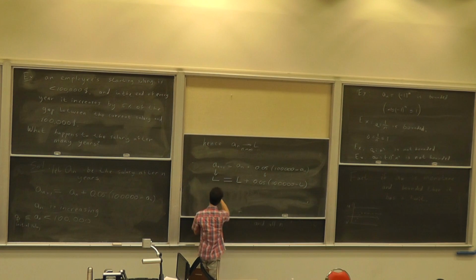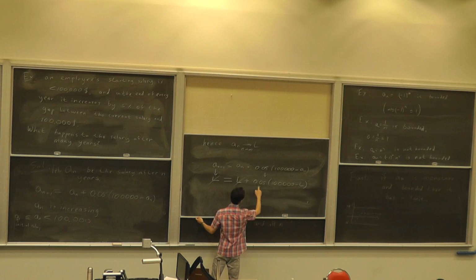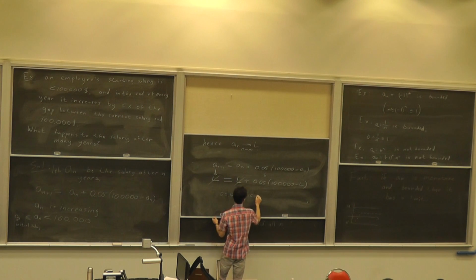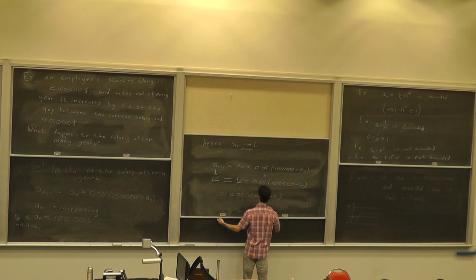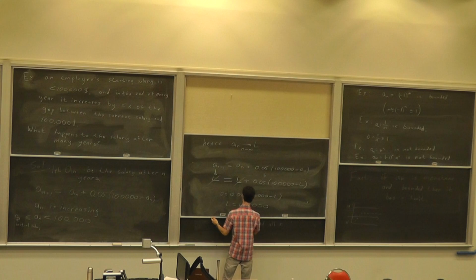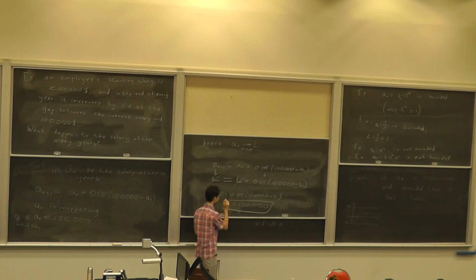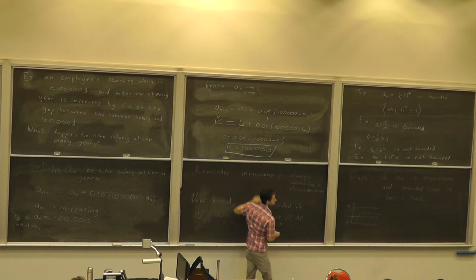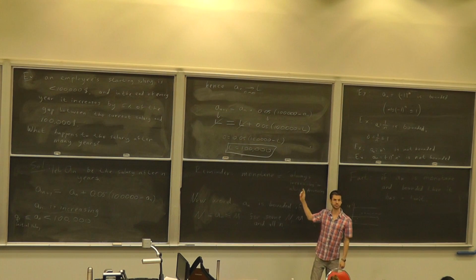And now we have an equation which must be satisfied by this limit L. It's easy to solve. So L is cancelled out. And we get 0 is equal to 0.05 times (100,000 minus L), or L is equal to 100,000. And that's the answer.